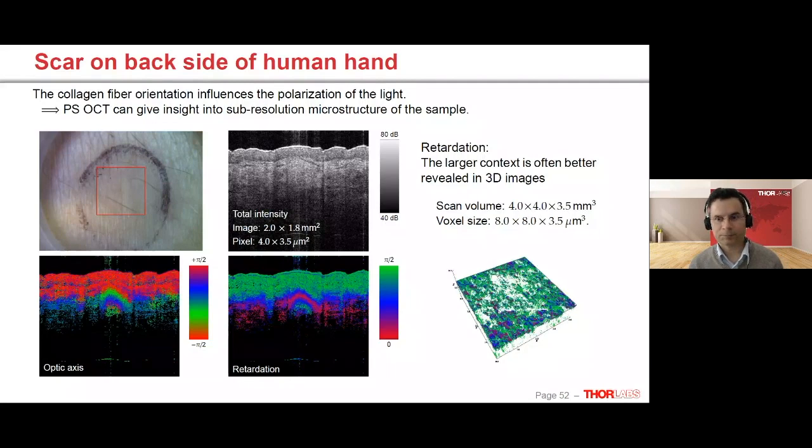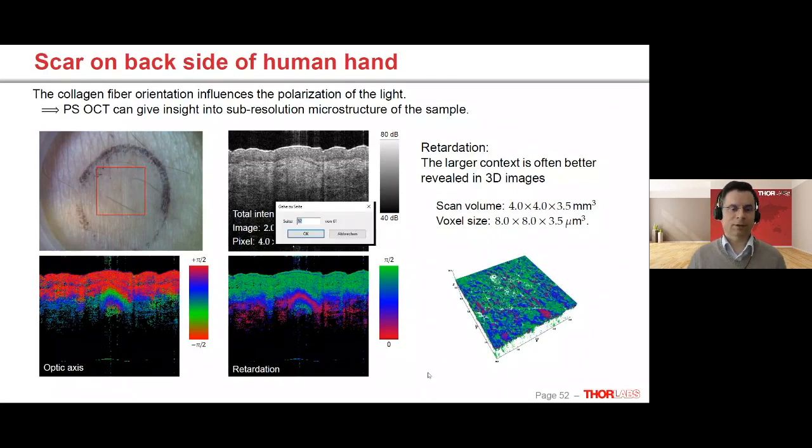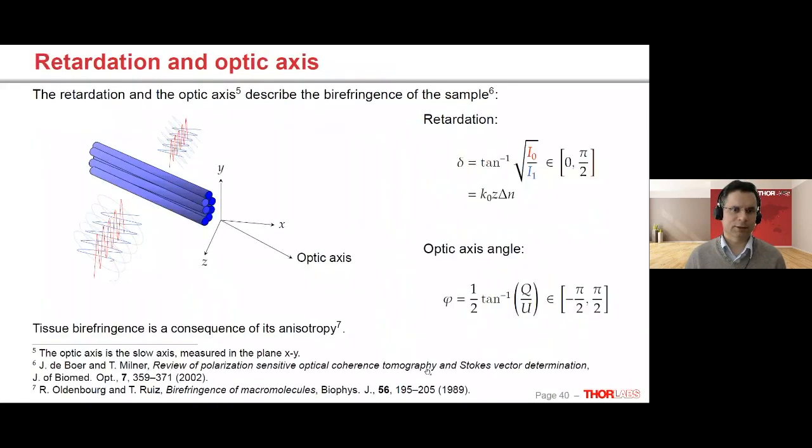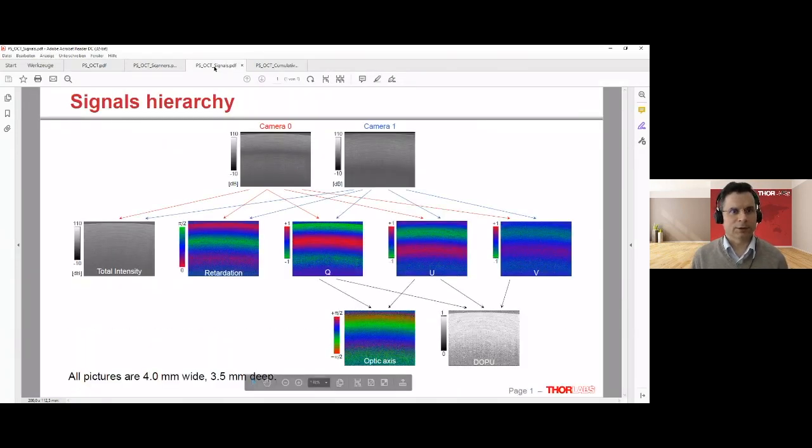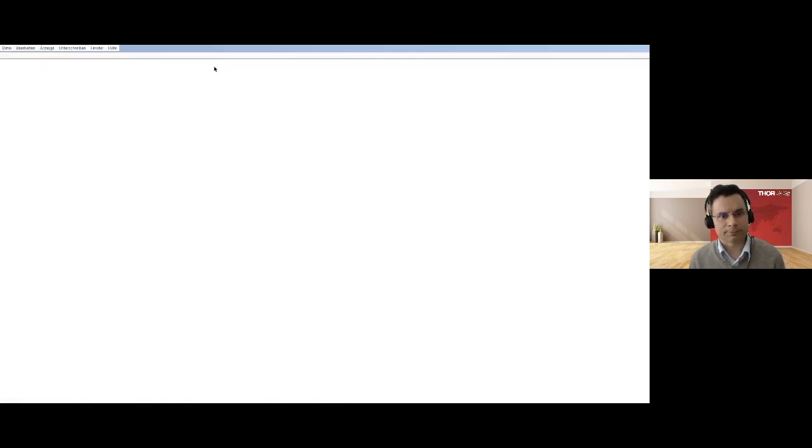Okay, thank you. The next question, can you explain again how from two camera images you calculated Q, V, and U values? Yeah, I think that we have another slide for that, that has our signals, and yeah, exactly that one.